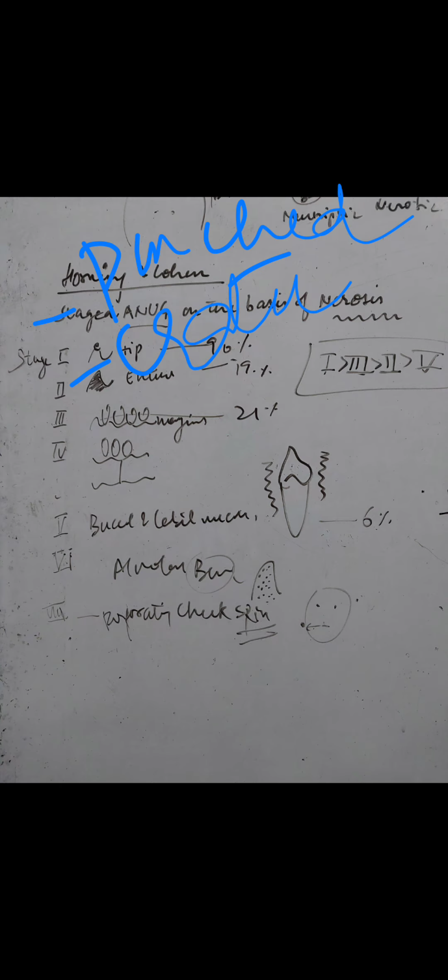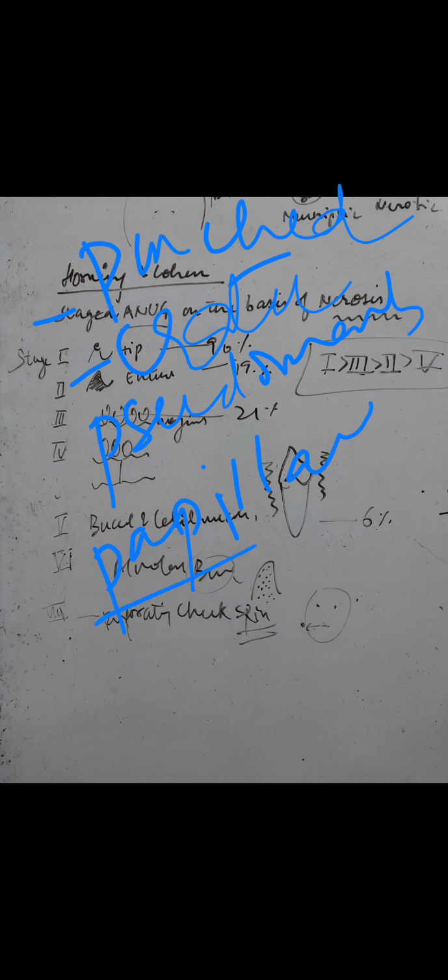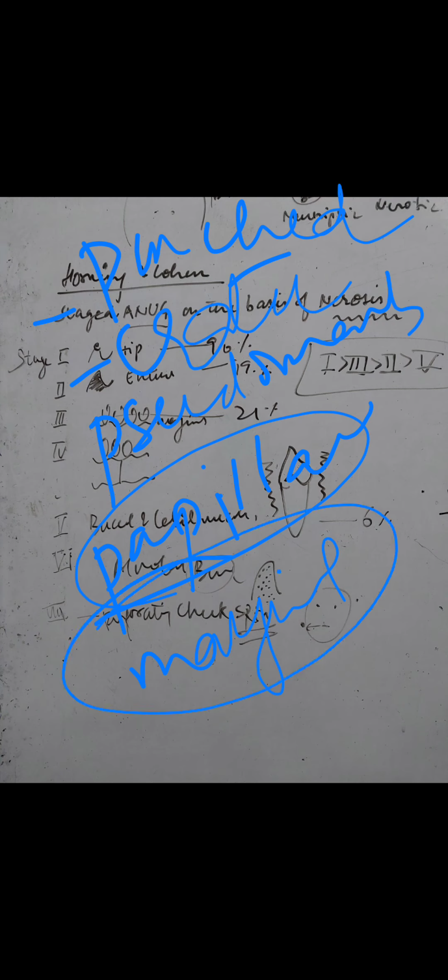There is pseudomembrane, which is the characteristic feature of it, and it is involving particularly interdental papillae as well as marginal gingiva. So interdental papillae and marginal gingiva are involved, but not the later parts of gingiva, that is attached gingiva and alveolar mucosa. These are not involved, just papillae and marginal gingiva. So these are the very few basic characteristic features. If you find them in a question, then you can mark it as ANUG.